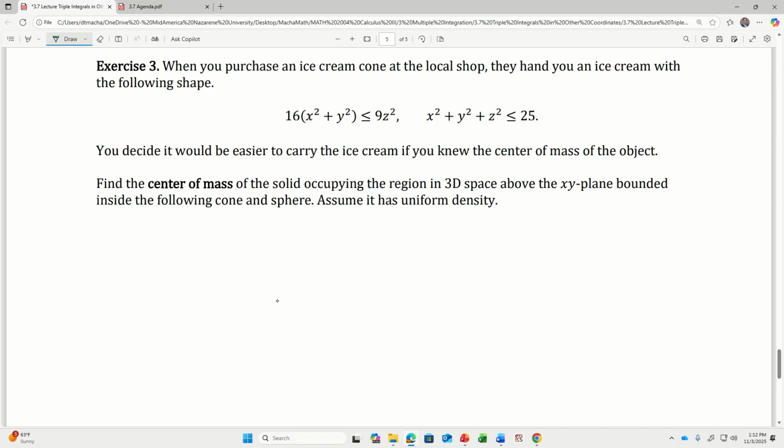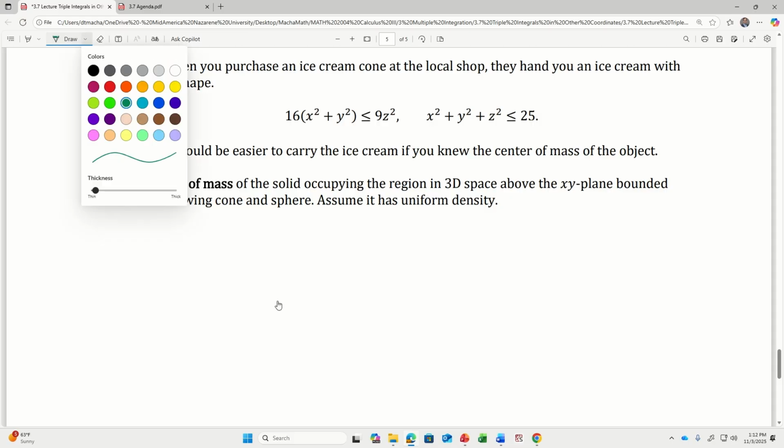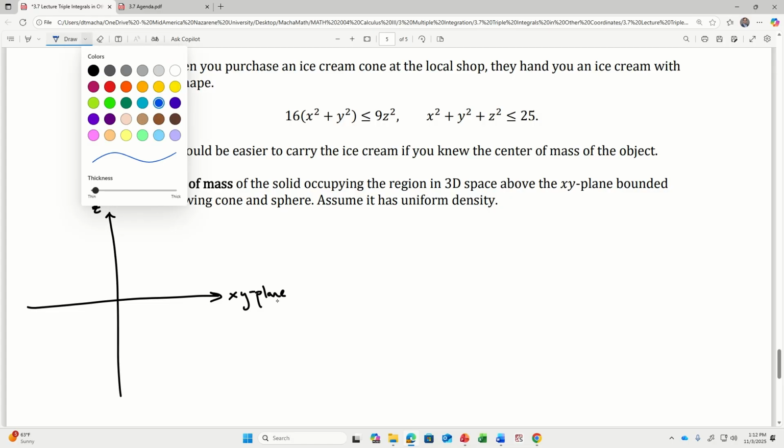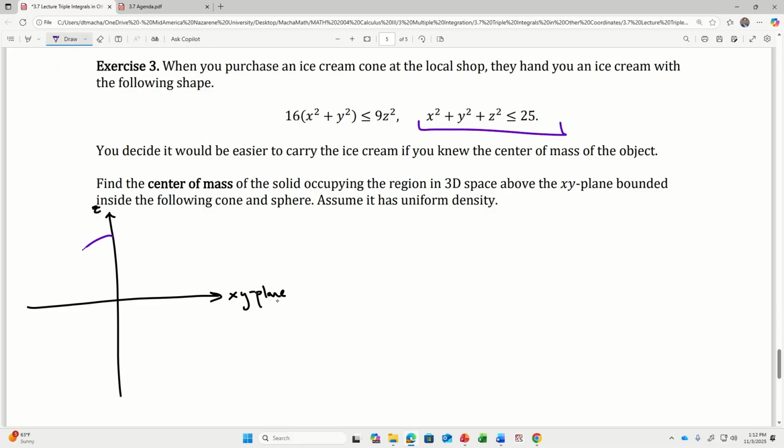So, center of mass is a little bit tricky. We've got this sphere and this cone in this shape.